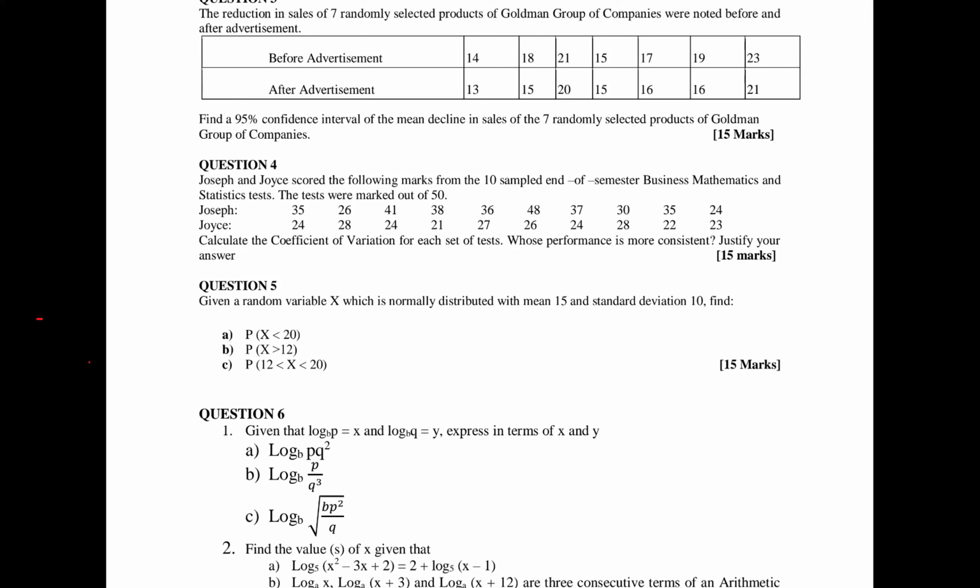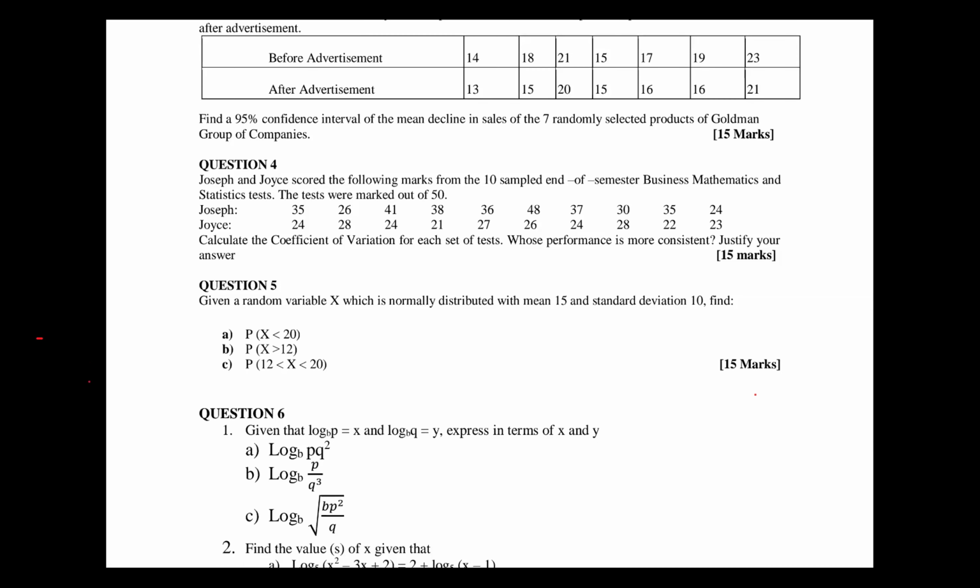Question number 4 is reading, and as I read in your hearing, that Joseph and Joyce scored the following marks from the 10 sample at the end of semester business math and statistics test. The tests were marked out of 15. So these people had their results. You have the results for Joseph. You also have results for Joyce.